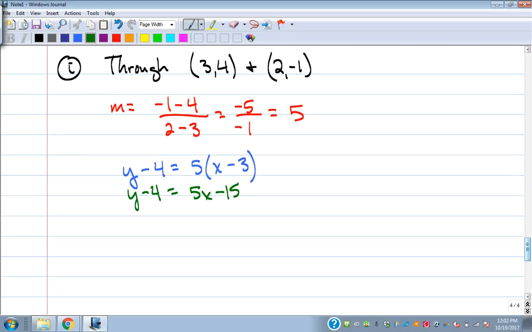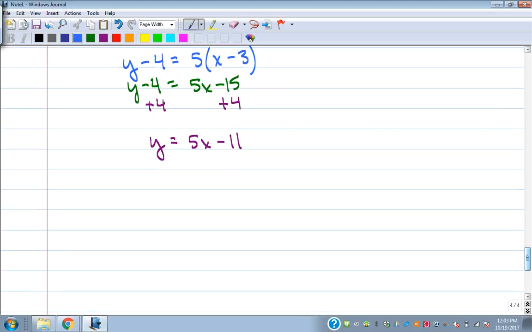Once you get to point slope form, it's the same thing over and over and over. It doesn't change any. So I'm adding 4. There's the slope-intercept form for that. Subtract 5x.